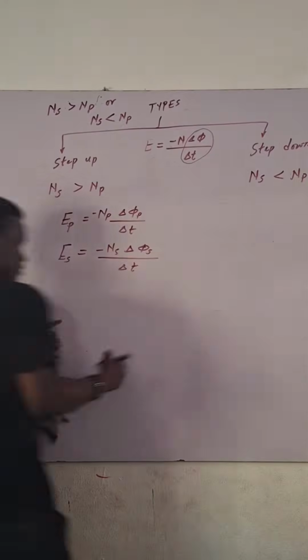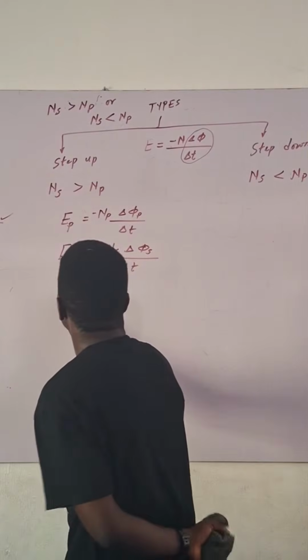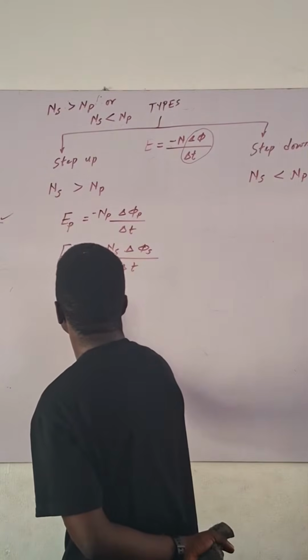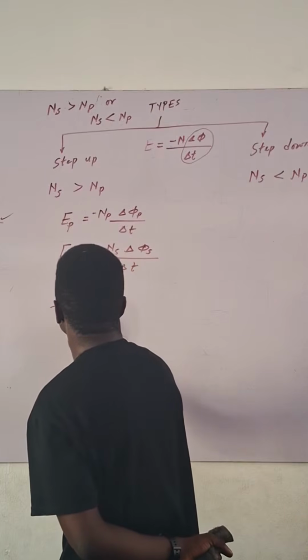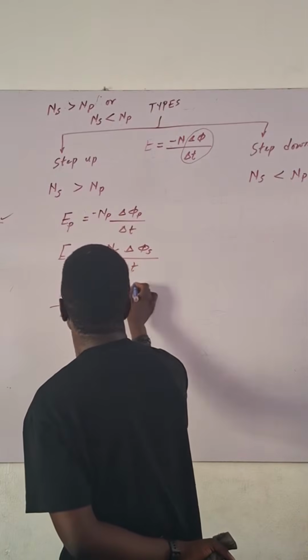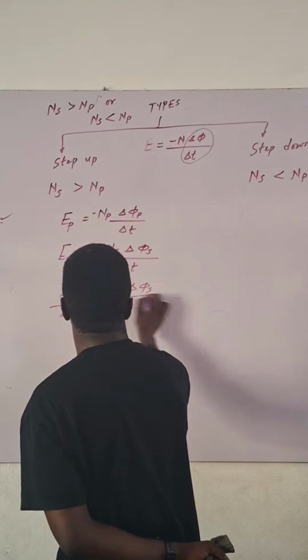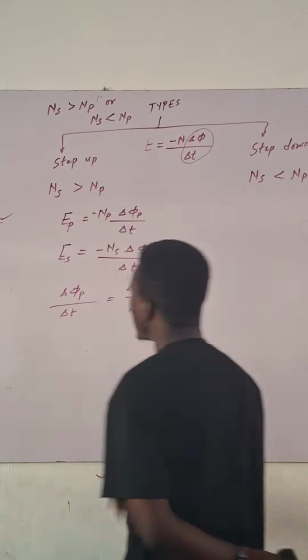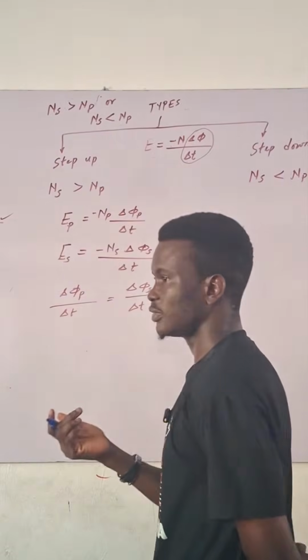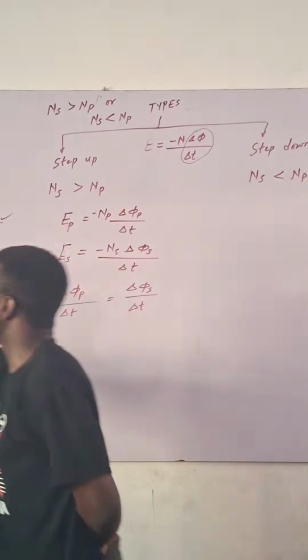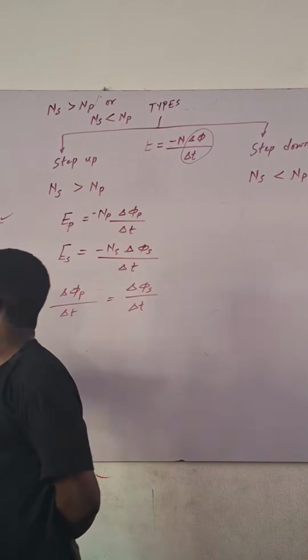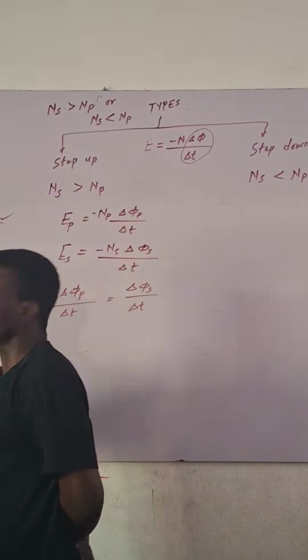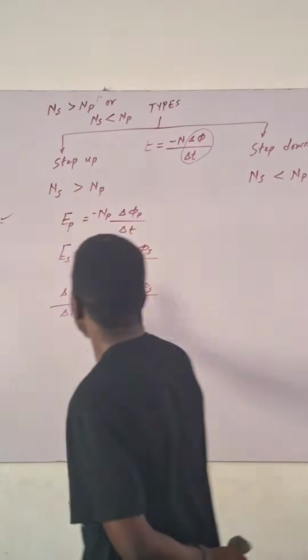But remember, the change in flux of primary over change in time is the same as the change in flux of secondary over change in time. Do you agree? The same flux that is leaving the primary is entering the secondary, so that remains the same.